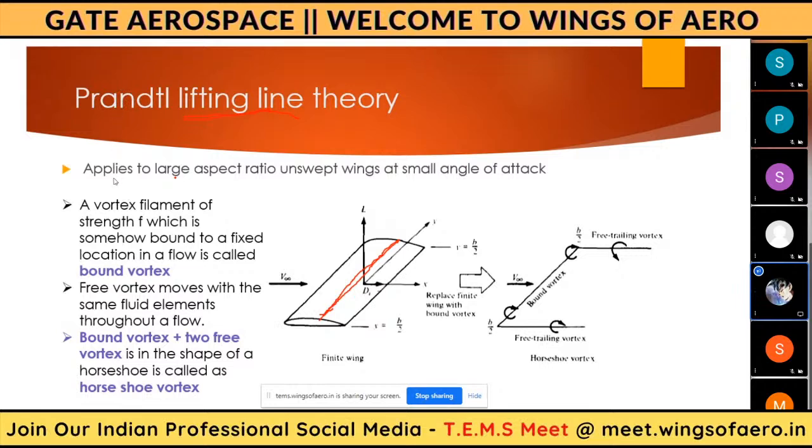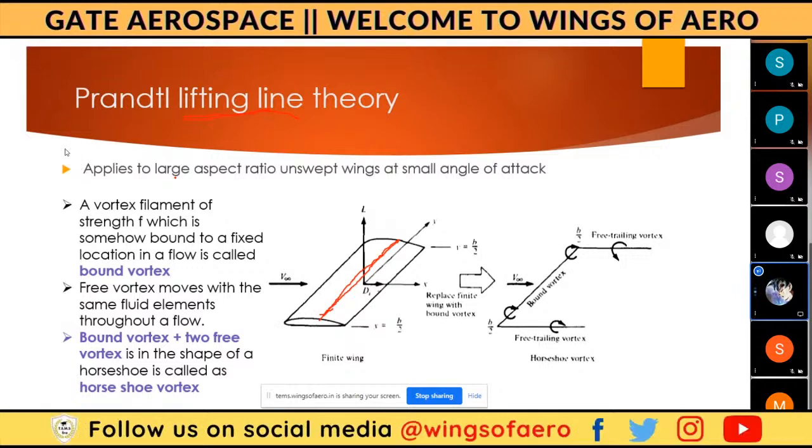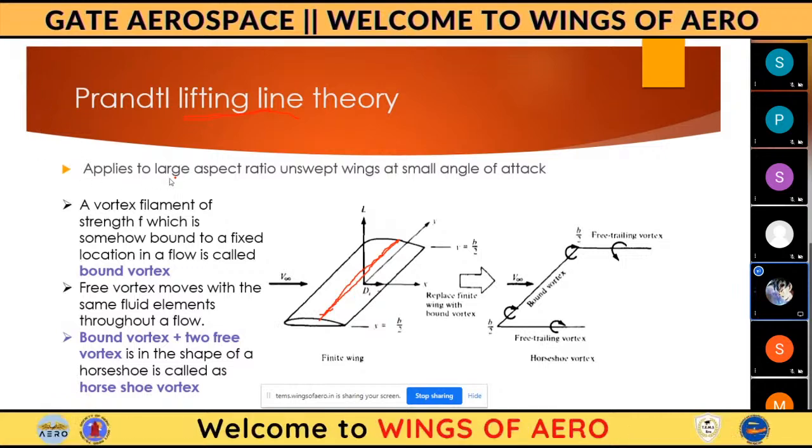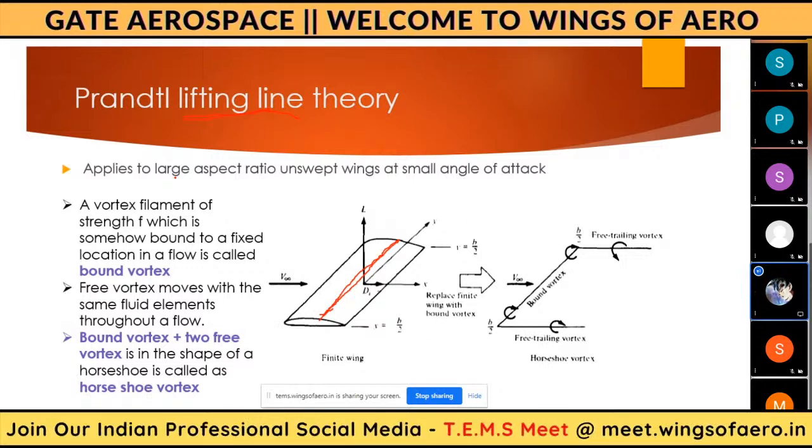In the Prandtl lifting line theory, you can see the bound vortices, and there are three types of vortices: bound vortices, trailing vortices, and starting vortices. The combination of bound vortices and free trailing vortices is called a horseshoe vortex.